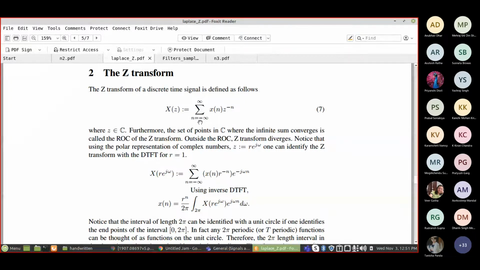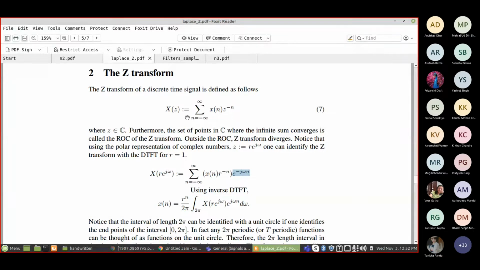Let's start with the definition first. This is the Z transform definition: x of n and z to the power minus n. If you recall your discrete time Fourier transform, you had x of n and a complex exponential in there. So let's try to understand the Z transform by recalling our DTFT.